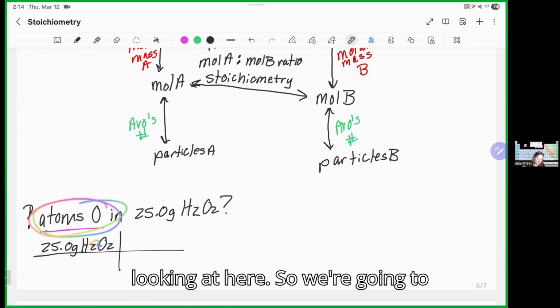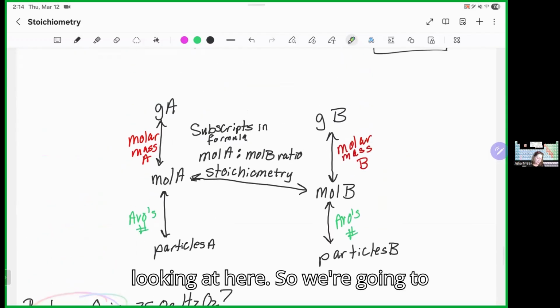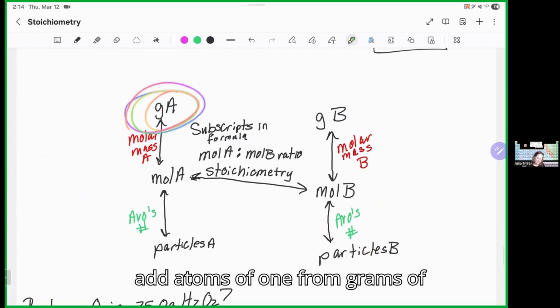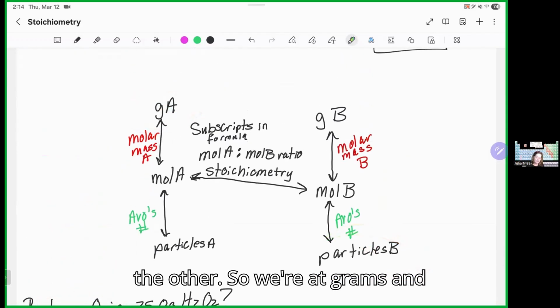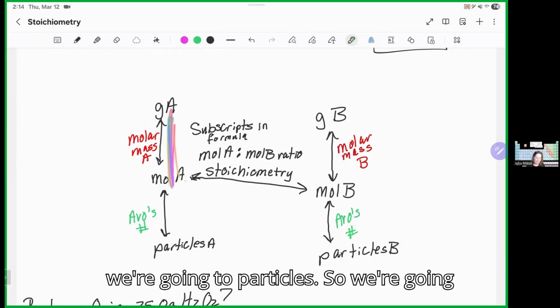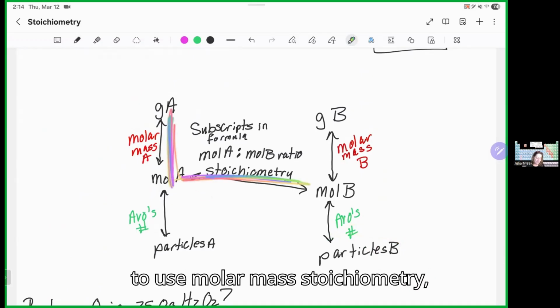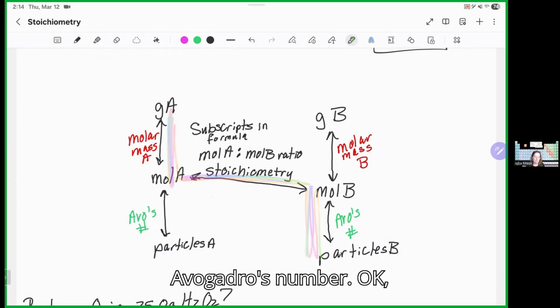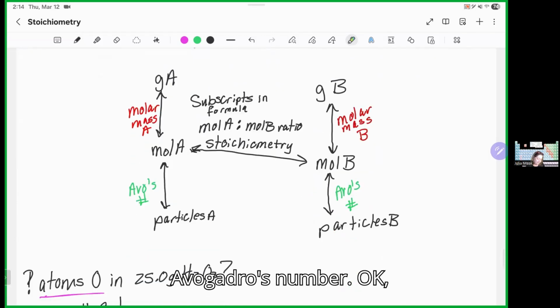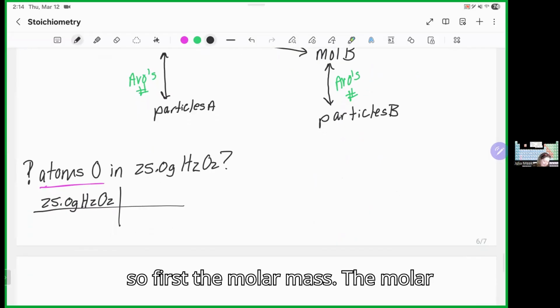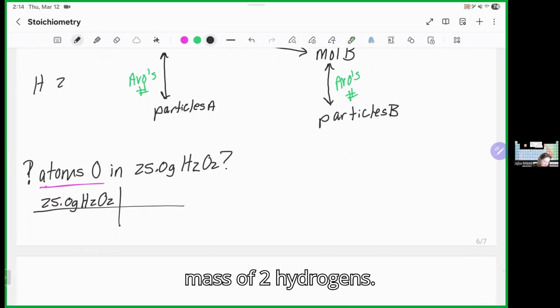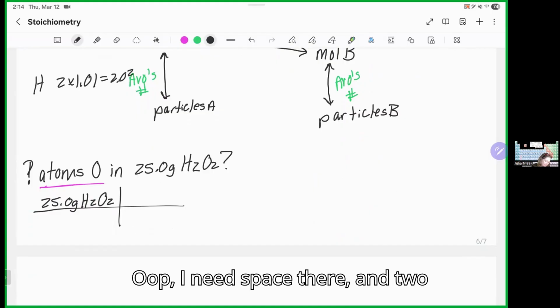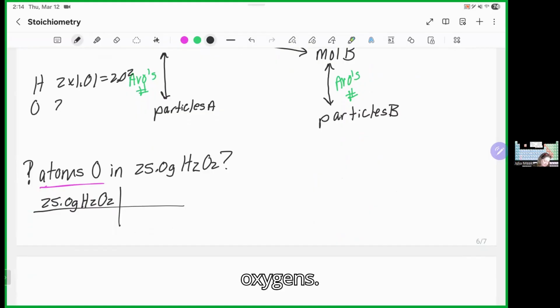So we're going to atoms of one from grams of the other. So we're at grams, and we're going to particles. So we're going to use molar mass, stoichiometry, Avogadro's number. Okay, so first the molar mass of two hydrogens, and two oxygens.